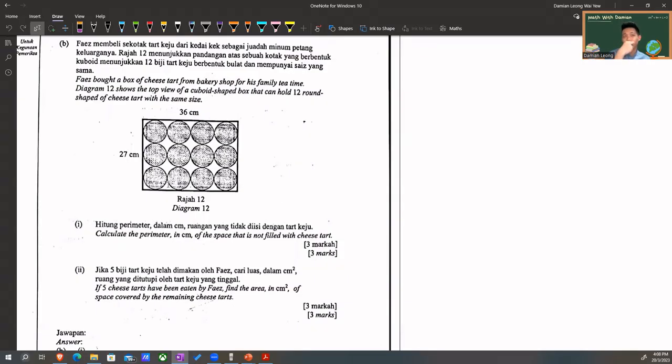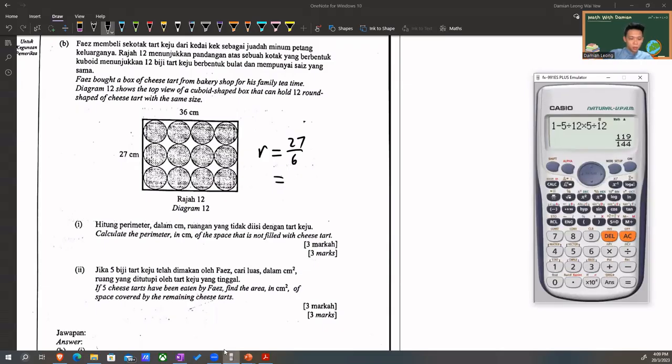Basically it is the circumference of each cheese tart times number of cheese tarts. So let's find the radius of a cheese tart. You can take 27 divided by 6 radius, or you can take 36 divided by 8 radius. It's the same. Let's say 27 divided by 6, 4.5. 36 divided by 8, 4.5. It's the same.